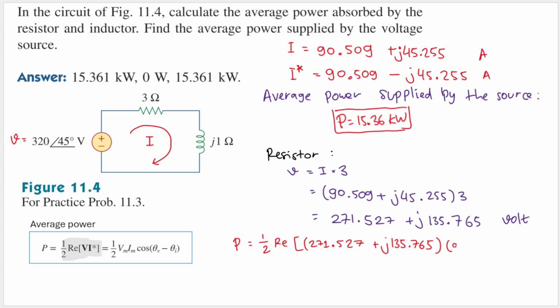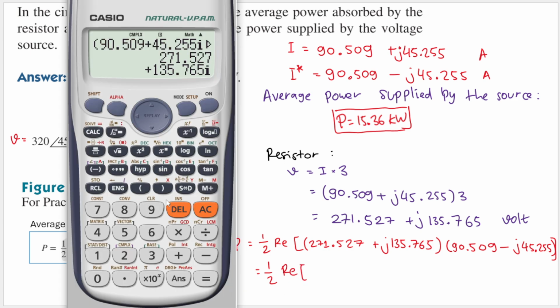So we will have 90.509, and then minus J45.255. Good. And so we will have 1/2, and the real part will be, okay, again use the calculator. So this is just the answer of previous, right? So we will have this multiplied by 90.509 and then minus 45.255i.